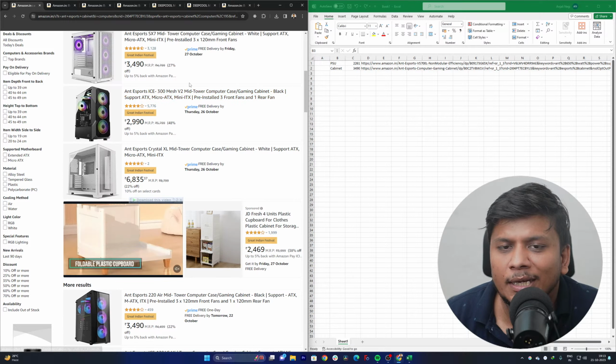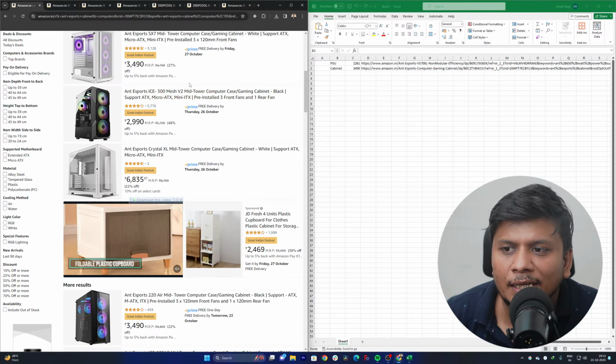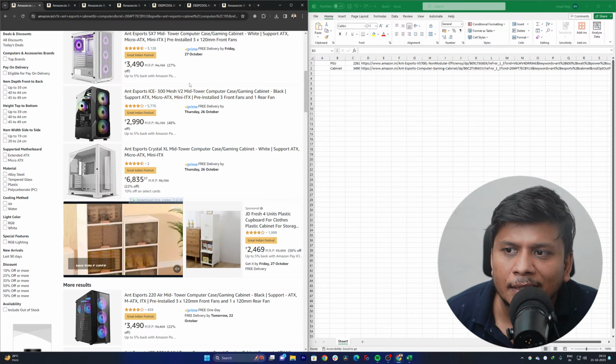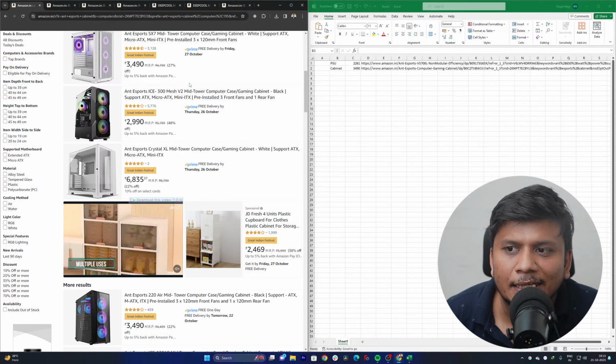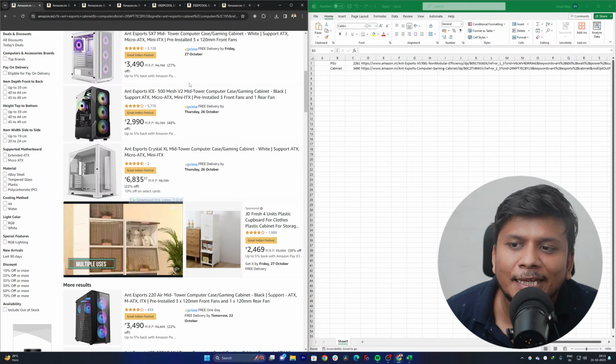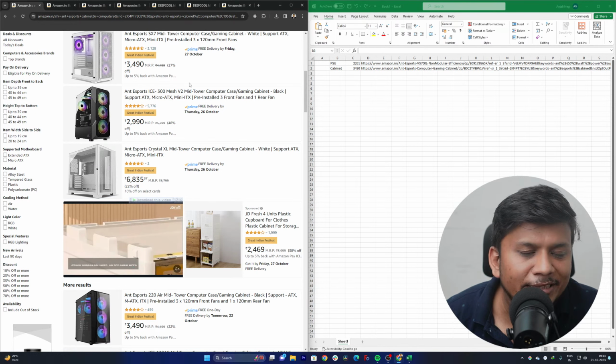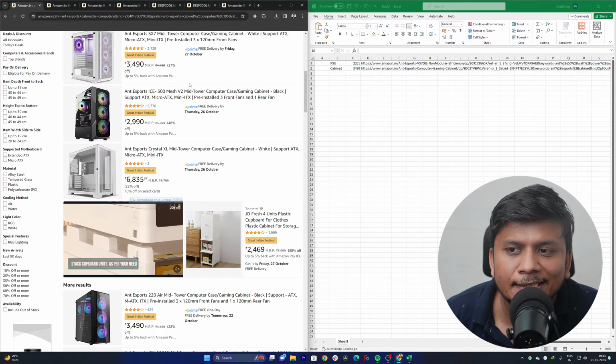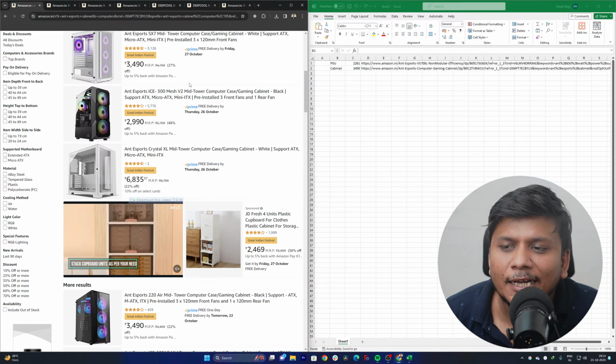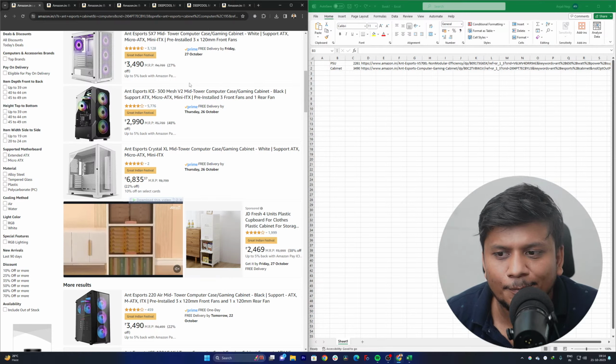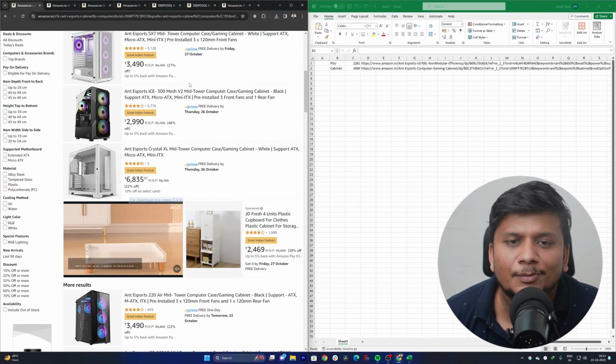And yes, another important reason why I love Ant Esports cabinets is that, first of all, we saw that it came with three pre-installed fans, which means that airflow will be excellent, and they come with a net actually, which is awesome guys for this price point.